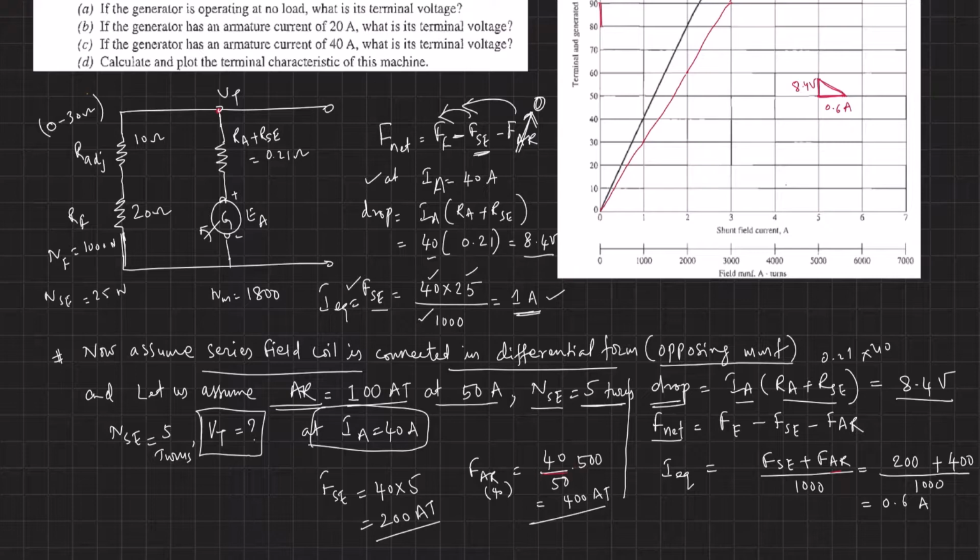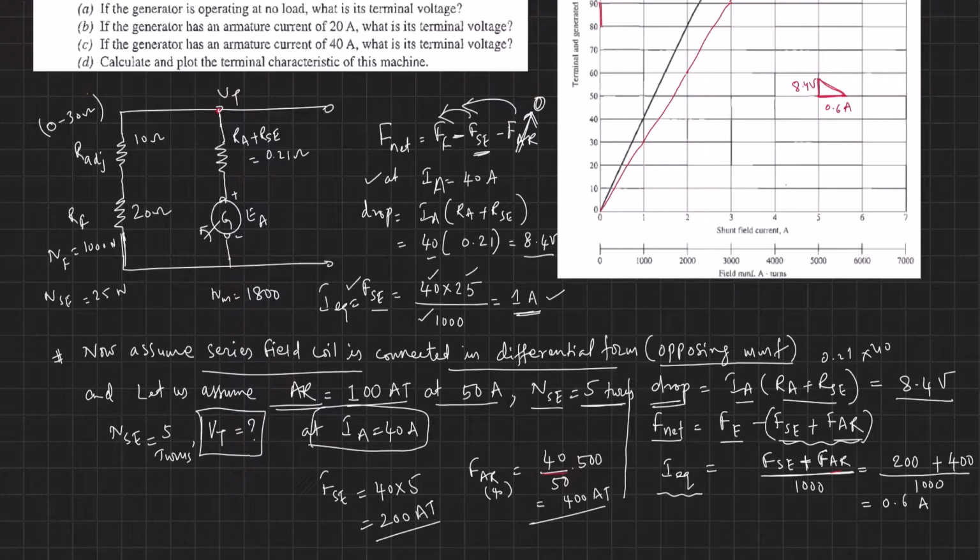Now F net is equal to the field MMF minus series field MMF minus armature reaction. So if I take it common like this, then this becomes plus. Now I want to calculate the equivalent current for these two MMFs, which is calculated as series field MMF plus armature reaction MMF divided by the shunt field winding turns.